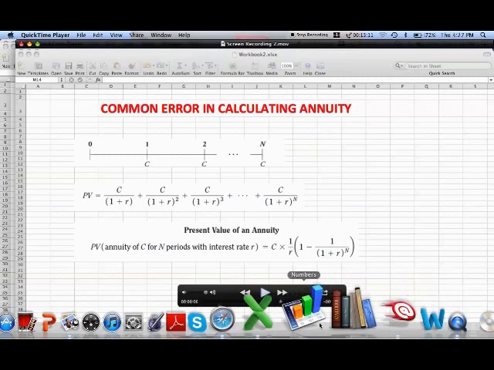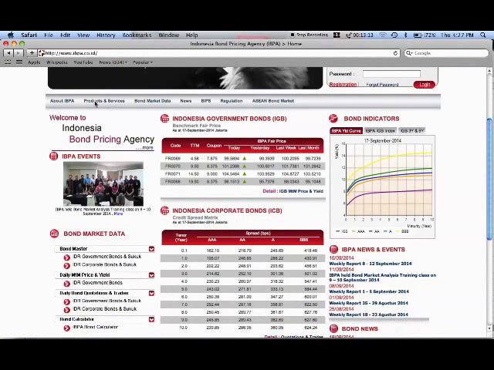Of course, I bring it to the website of the IBPA. You can type in Google ibpa.co.id. I give you a very simple example. This is the Indonesian Bond Pricing Agency.